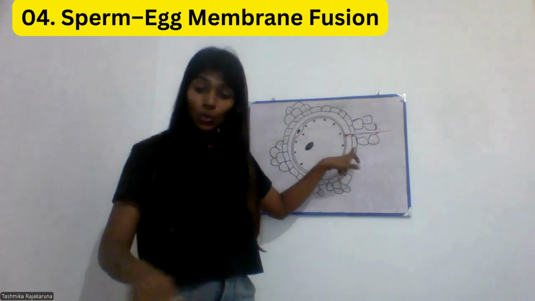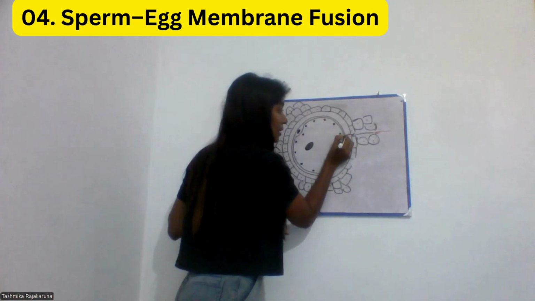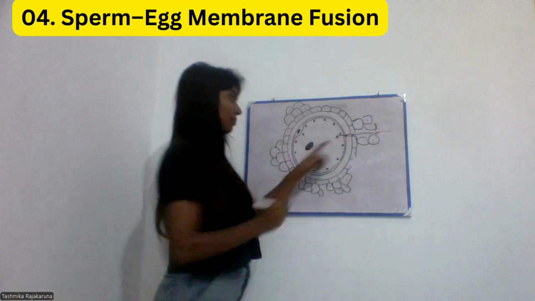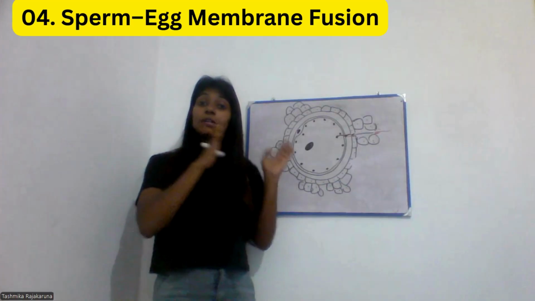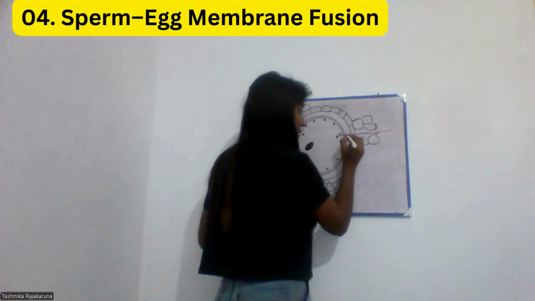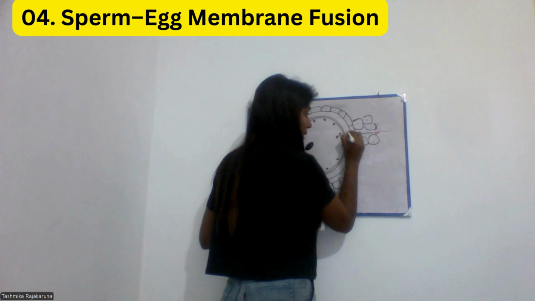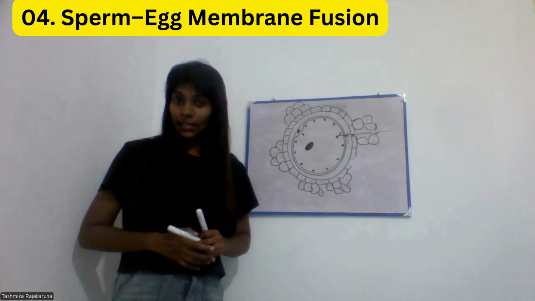The sperm nucleus enters the egg cytoplasm, like this, while the sperm tail and the mitochondria are left outside, which means the midpiece part and the tail part are left outside.